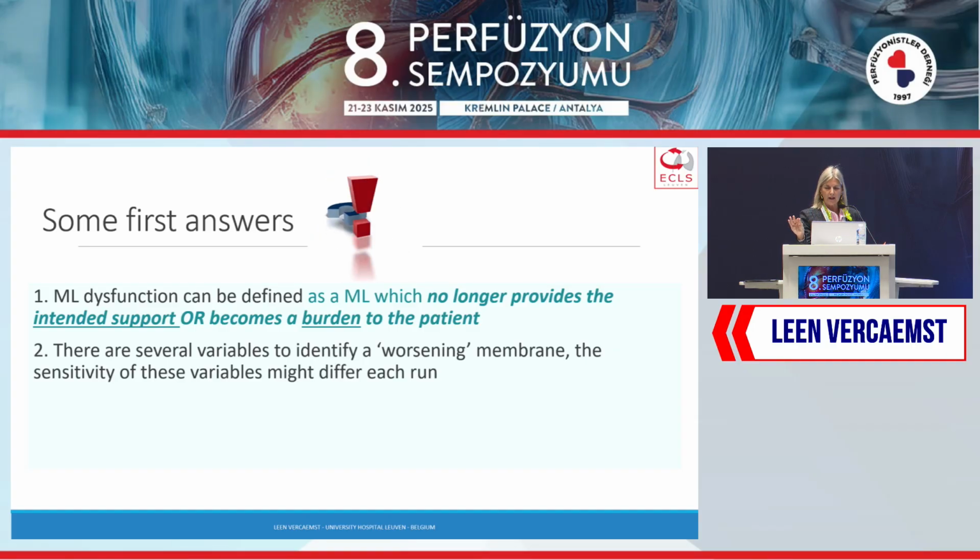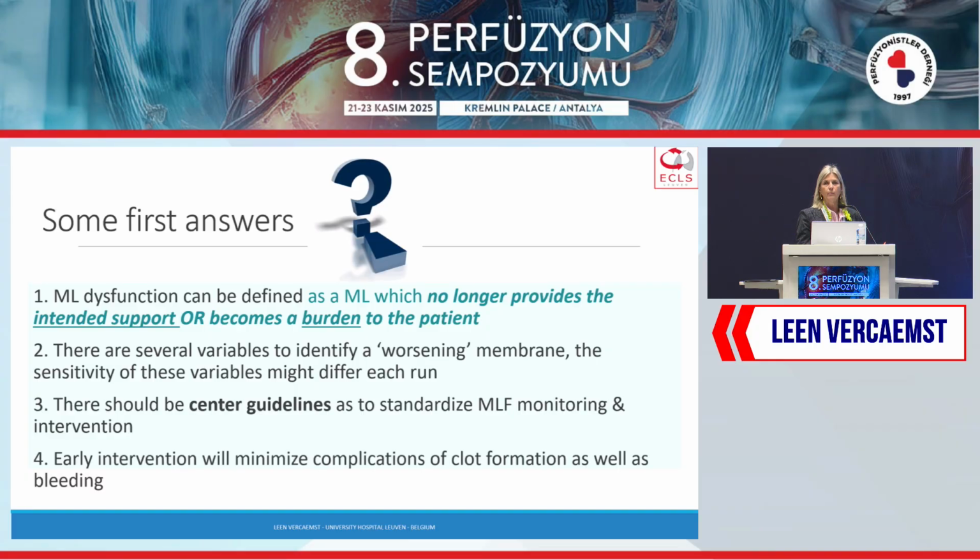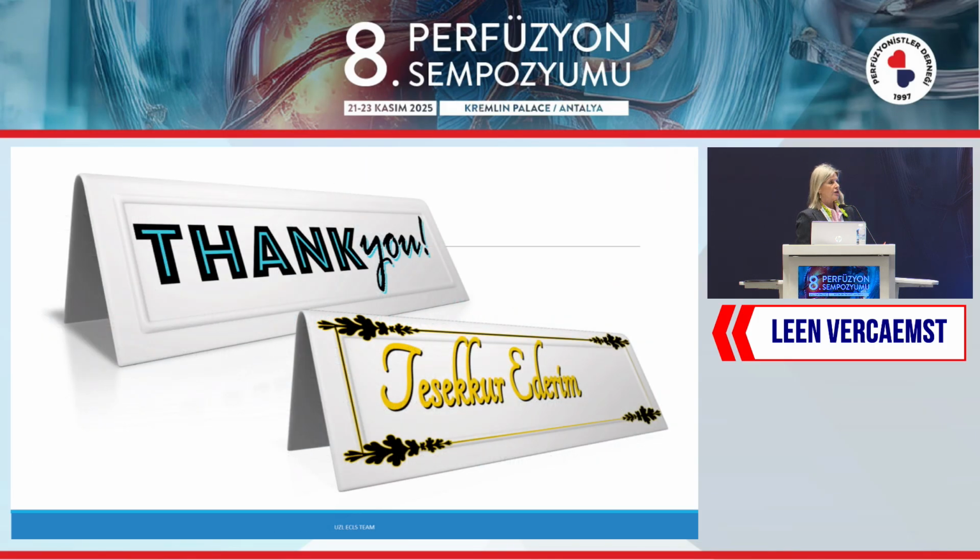There are several variables to identify worsening membranes, and the sensitivity may change, but we thought the most sensitive parameter was the D-dimers. You should all have central guidelines to standardize membrane lung monitoring and intervention, because that's the only way you can improve. And early intervention will minimize complications of clot and bleeding, and that's more important for your patient. So that's it.